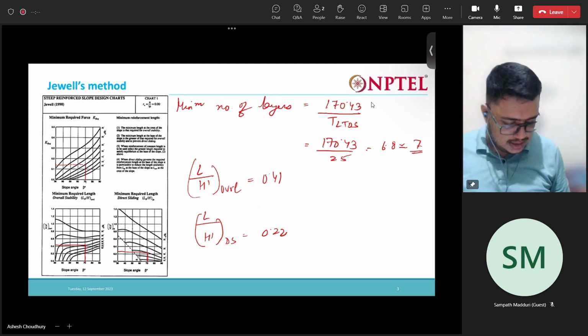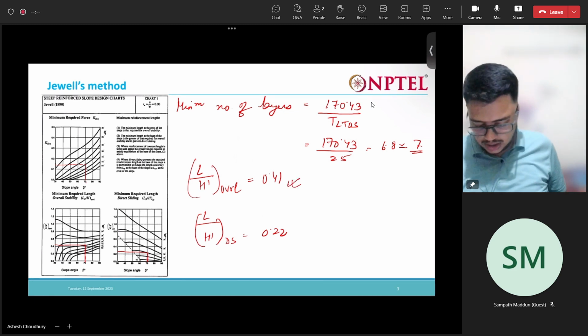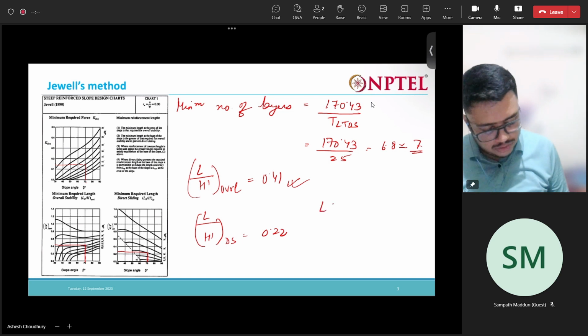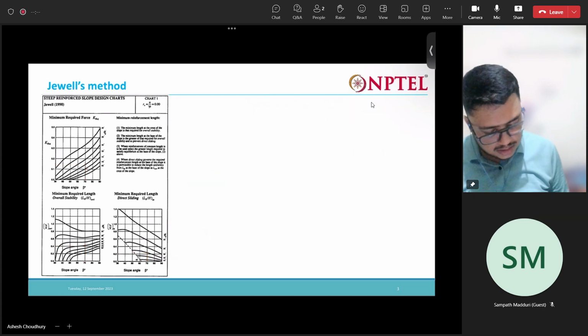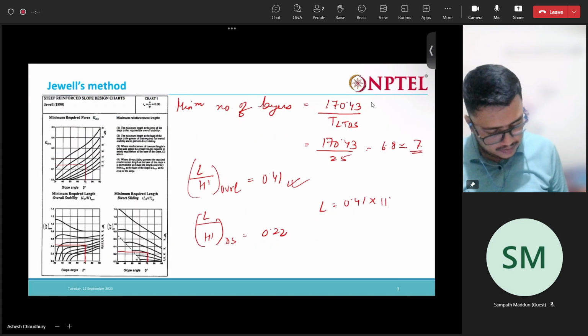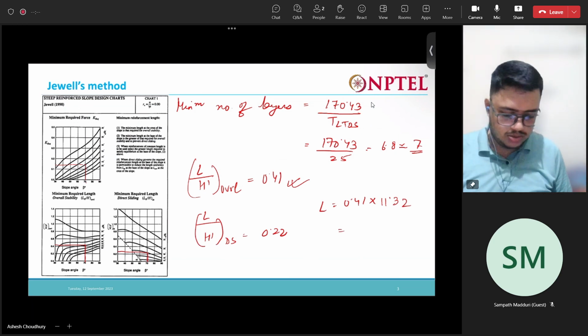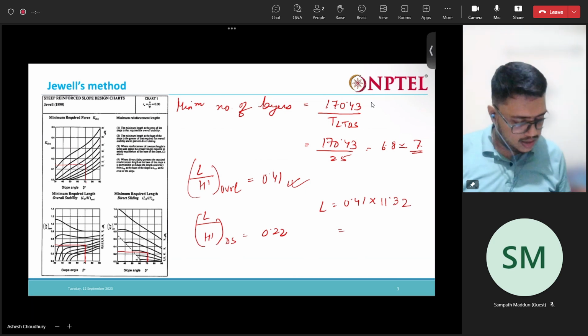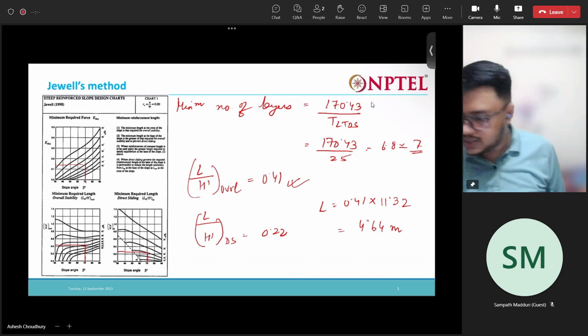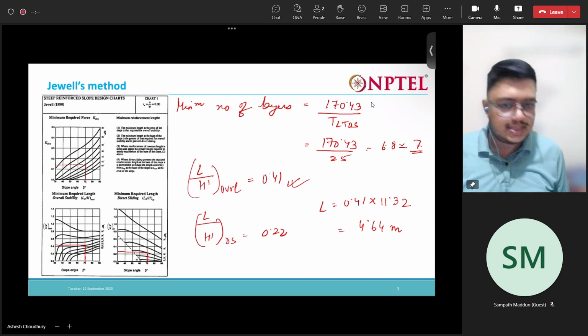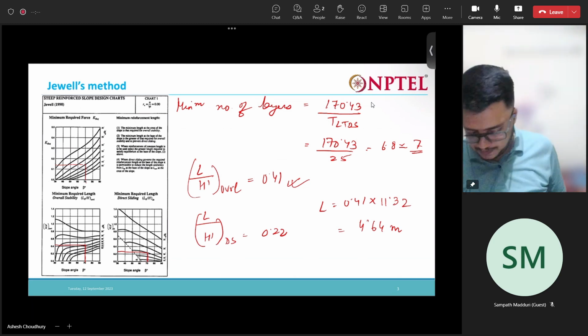So we will choose 0.41. The length will be 0.41 into H dash, which is 11.32. So 0.41 into 11.32 is 4.64 meters. This is the length of reinforcement that we need to provide.